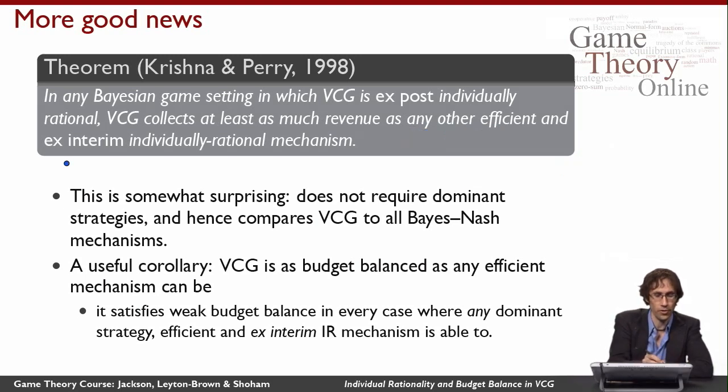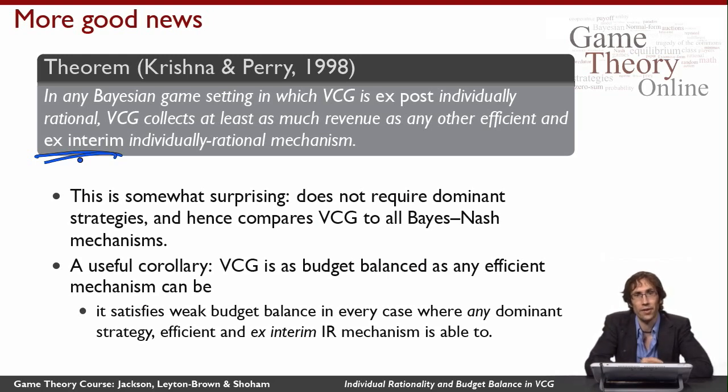And another sense in which it's drawn from a bigger pool is that we're only going to require of this competitor mechanism that it's ex interim individually rational, whereas we're requiring of VCG that it's ex post individually rational. So ex interim individual rationality is a weaker thing to require, which means there's a broader set of mechanisms that would satisfy it, which means that we're making a stronger statement when we compare VCG to this broad set.